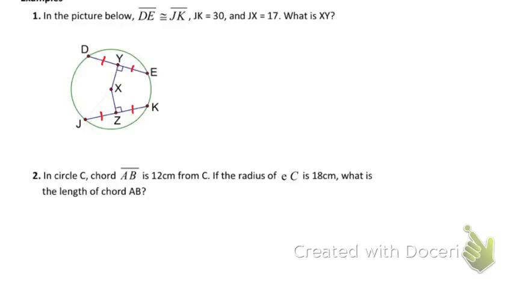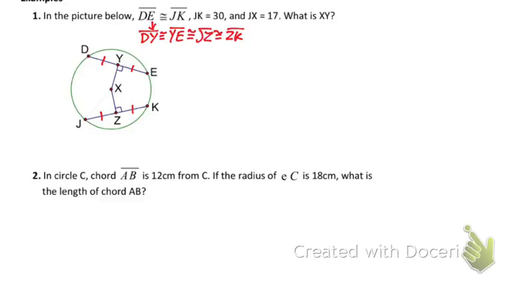So because DE is congruent to JK, we know that DY is congruent to YE, which is congruent to JZ, which is congruent to ZK. That's a lot of information just from one little statement.